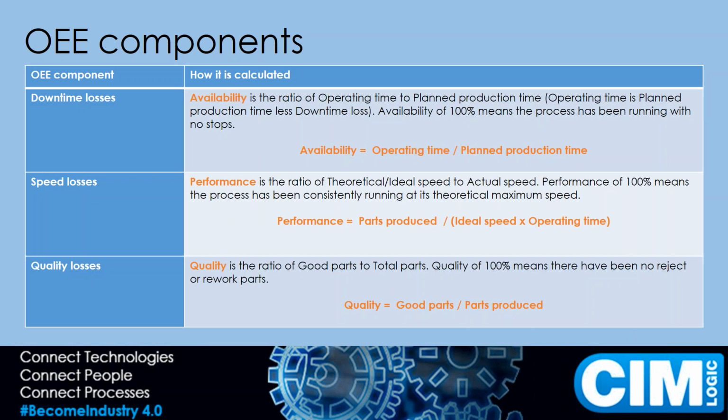In more detail, availability can be calculated directly from the ratio, as I mentioned, of the operating time by the planned production time, but performance is usually measured in another way. We just have the ratio between the actual total parts produced and the theoretical parts that should be produced in the operating time.